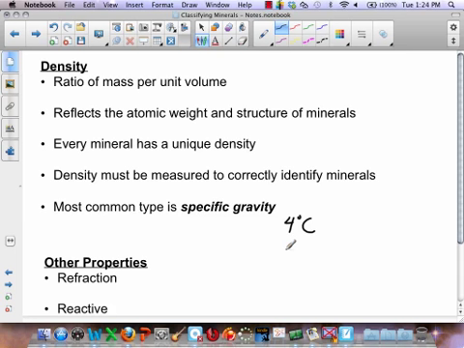And we do it with a volume that is the same as water. So it's got to be done with basically the same amount of water. So we measure the density of water at this temperature, and then we measure the same thing with the mineral.